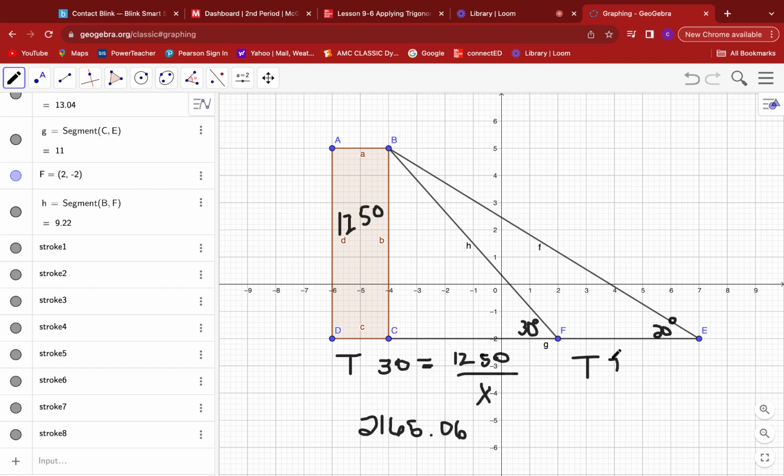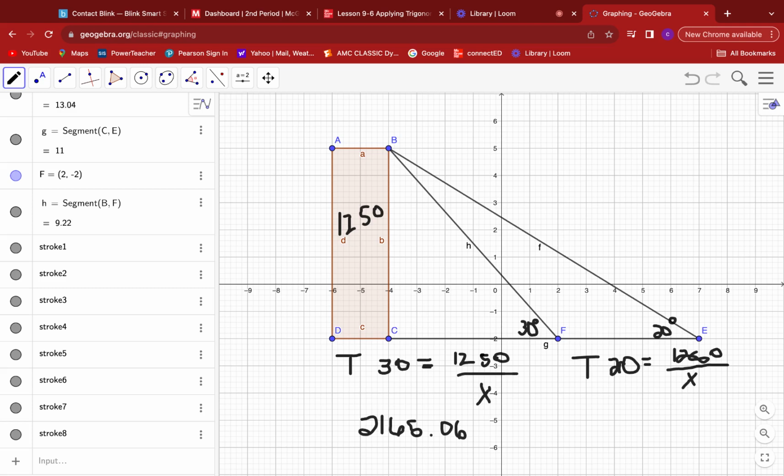All right, next triangle. Tangent of 20 degrees, this is your theta, is equal to your opposite, 1,250. Ugly 50. Divided by your x unknown. Well, I can't take 1250 and divide by x, so I'm going to switch x with the tangent of 20.